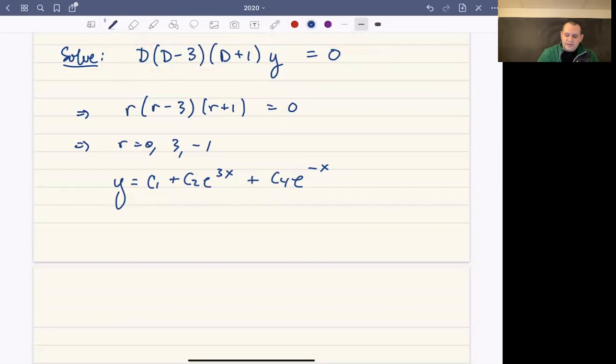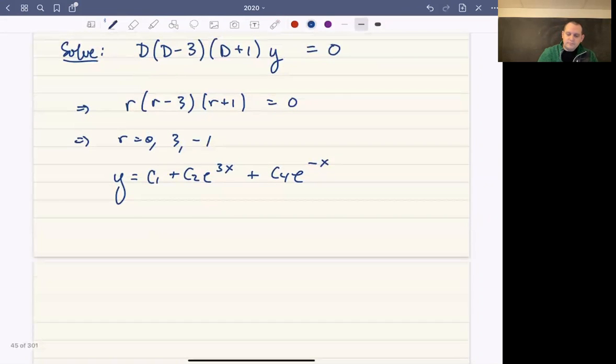And it turns out, let's just do that one time. If you were to multiply all of these out, you would end up with D cubed minus 2D squared minus, let's see, what would that be? Minus 3D, all times y equals 0.